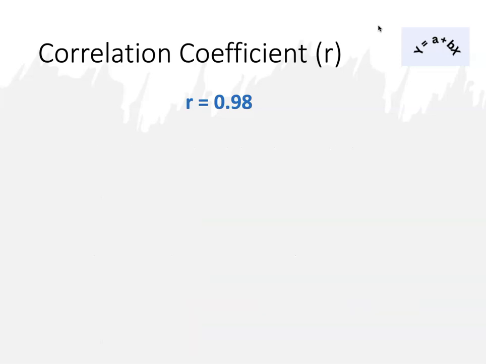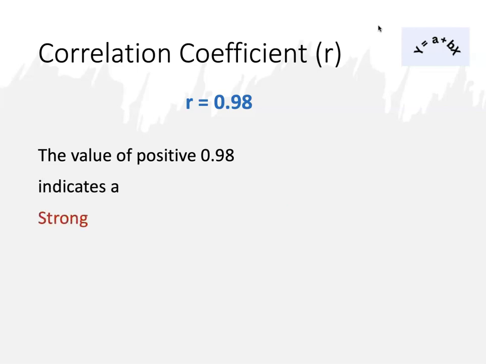So for this one, 0.98 is very close to 1. So we would say that this is a strong relationship. The number is positive, so we say it's a positive relationship. So for R equals 0.98, we see that there is a strong, positive, linear relationship between advertising and sales.